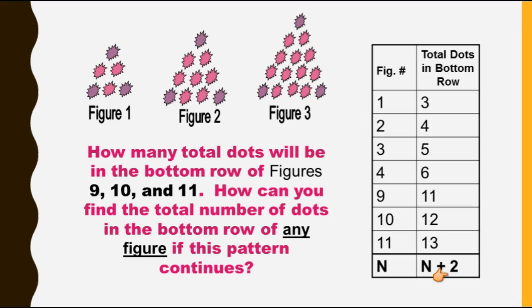So n is just like a substitute for a number. So if n equaled 100, then we would say 100 plus 2 down here. So that's how you do that. So you want to make sure you're really good at finding what the rule is of the pattern that they're showing you.